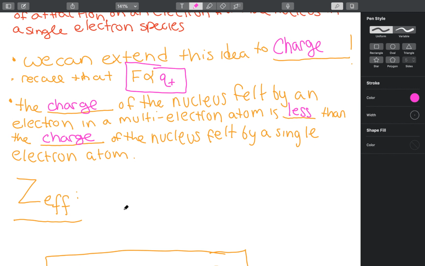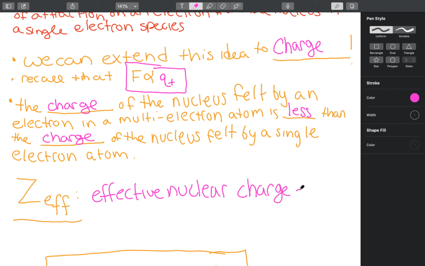And this modified charge is called effective nuclear charge, or Z effective. So Z effective is the effective nuclear charge.